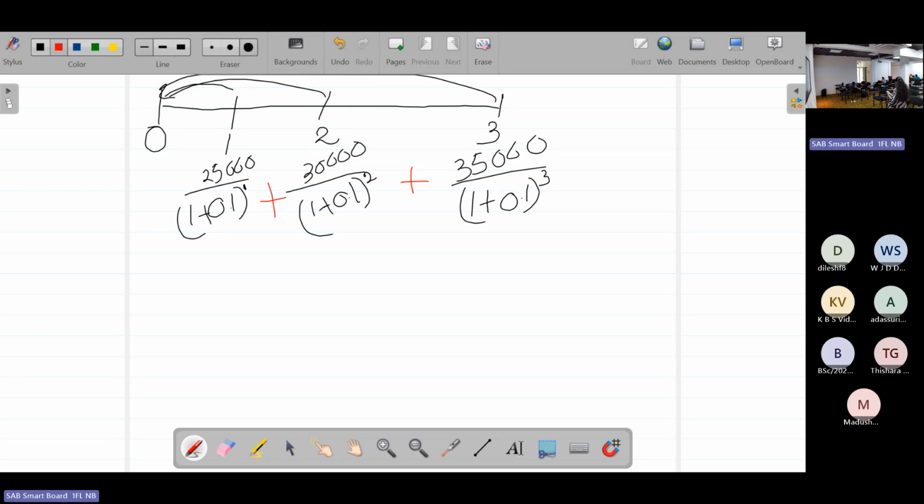Hope you all brought the calculators. Now take out your calculators. You need calculators, otherwise we can't do this valuation lesson. Okay, take out your calculators.